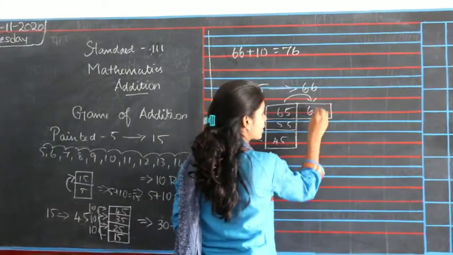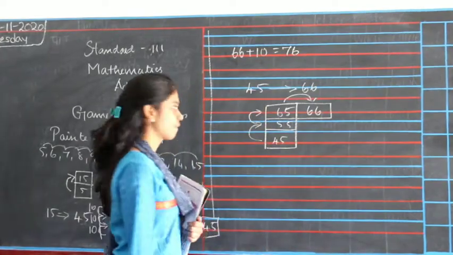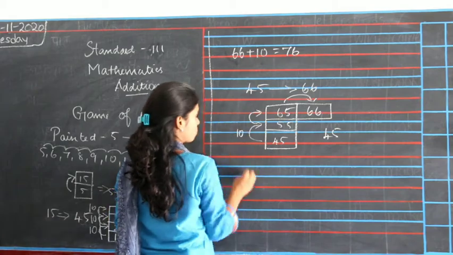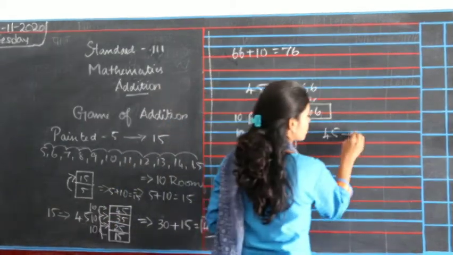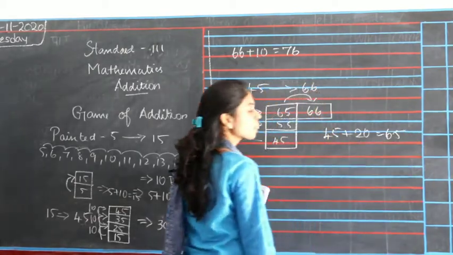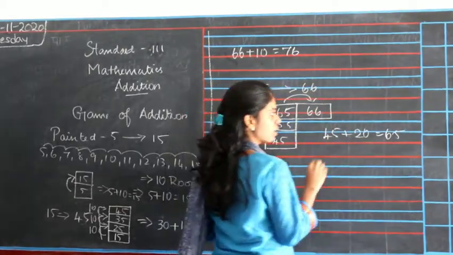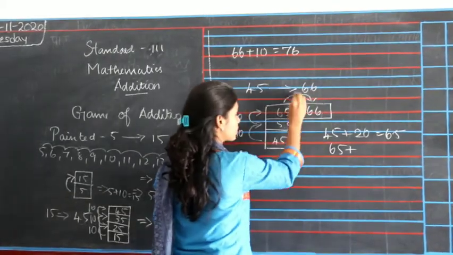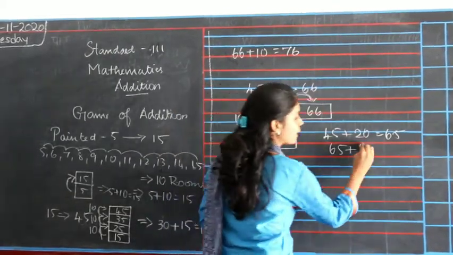Then he will be reaching 66th room, which is 45. He crossed 10 rooms here and then 10 rooms here, which is 20. He will be reaching 65th. Then he has to go to 66th room. So he will be passing only one room from 65th to 66, where he will reach 66th room.